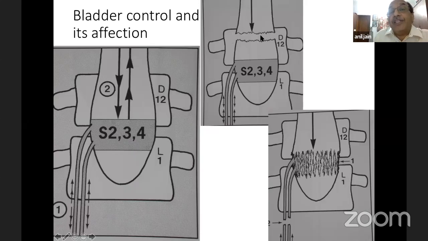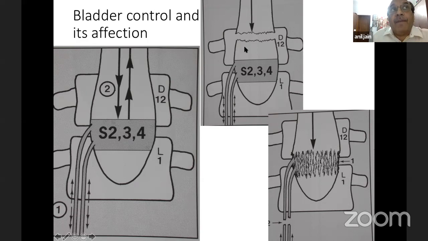Now, if there is an injury above, like vertebral fracture and upper motor neuron lesion, in those cases the sphincter will be contracted, because it is like an upper motor neuron lesion, and there will be retention of urine.